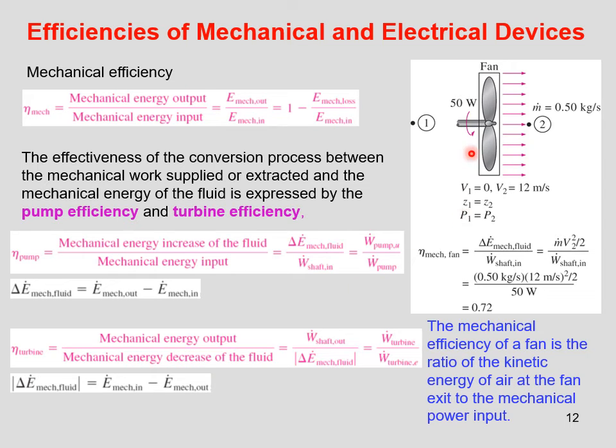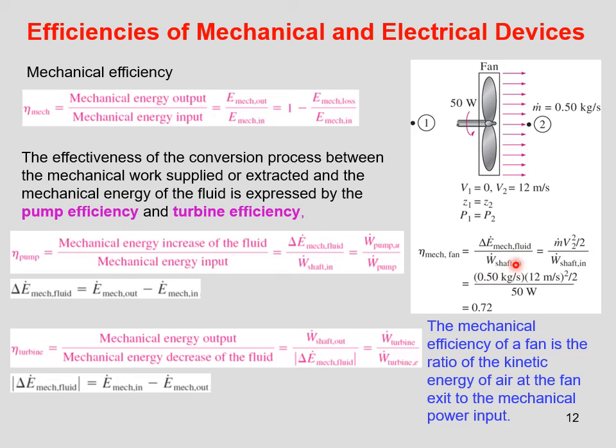He gives a simple example where we have a 50-watt fan here, and we measure the flow rate through it. M dot is 0.5 kilograms per second. The change in velocity across the fan is 12 meters per second. Obviously, we're not going to change elevation, and the pressure is approximately the same on each side.